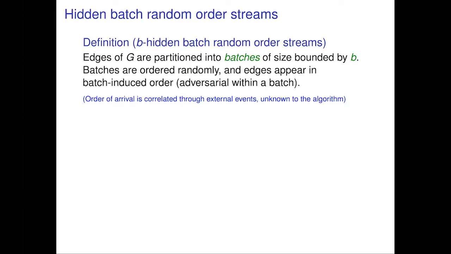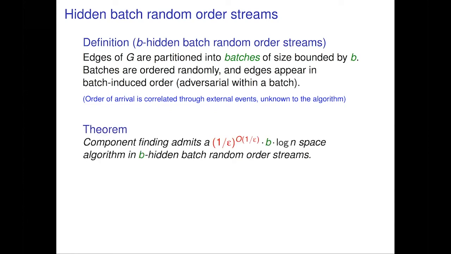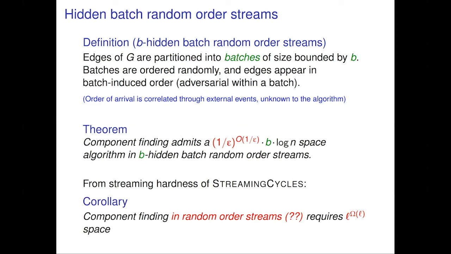This lets us ask the following philosophical question: why do we study random order streaming, and do random order streaming algorithms overfit to this very strong assumption? And we show that they don't. We do this by defining a model that allows for limited hidden correlations in the arrival order of the stream. We call this model the hidden batch random order streaming model.